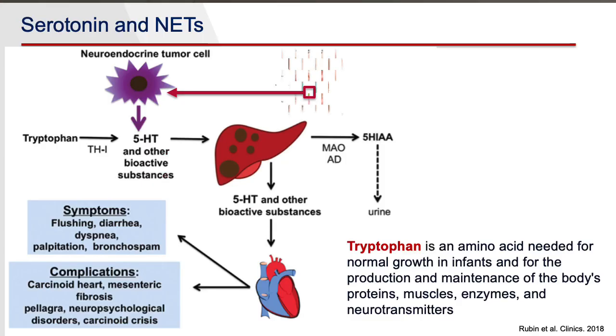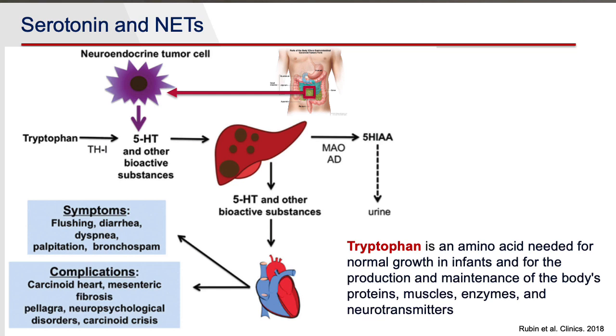Now, this is another schema about serotonin and neuroendocrine tumors. You have a neuroendocrine tumor in the small intestine, and as we discussed earlier, these enterochromaffin cells are responsible for metabolizing tryptophan to serotonin, and that's what we have here.